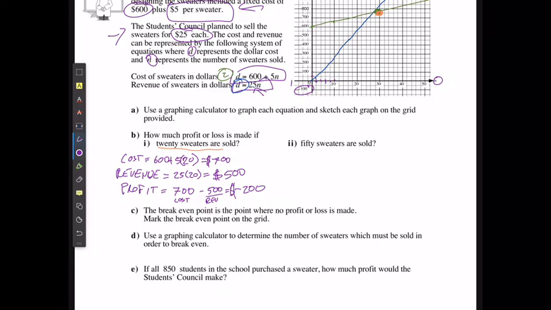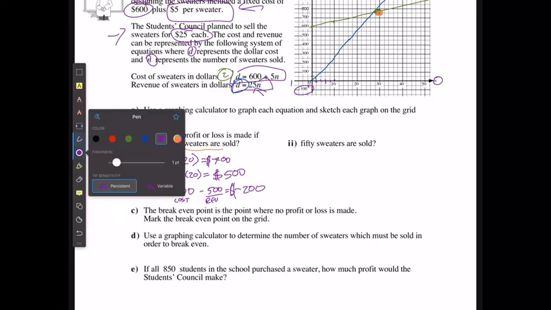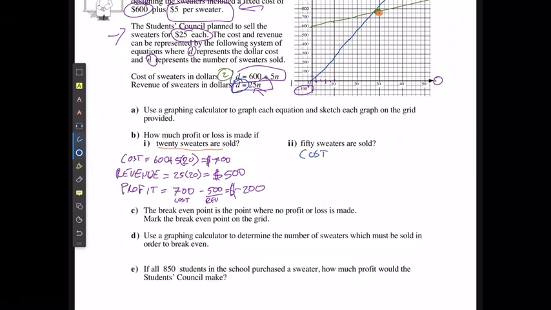If I sell 50 sweaters, well, the cost is going to equal 600 plus 5 times 50, or $850. The revenue, the amount of money I'm bringing in, is going to be 25 times 50, which is the same as $1,250.